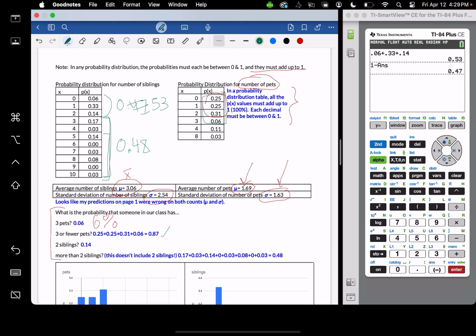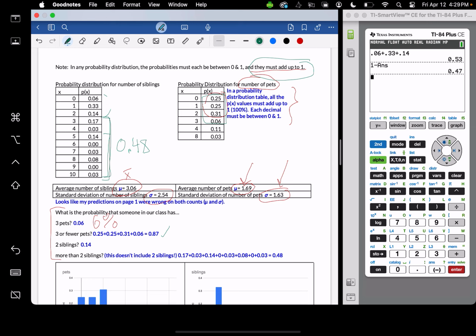Just pointing out to you that all the probabilities have to add up to 100%. So if you didn't feel like adding all of these values, which do add up to 0.48, you could say, what is 1 minus 0.53? And it's a little annoying that we get 0.47 that way.